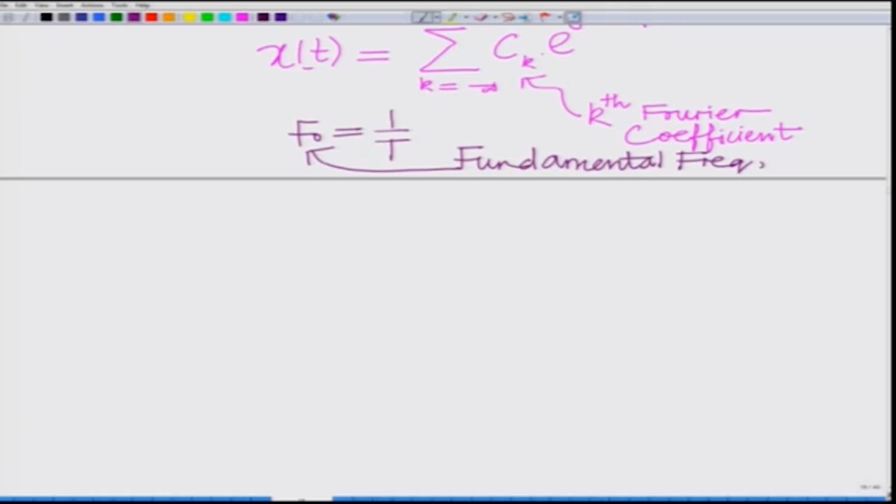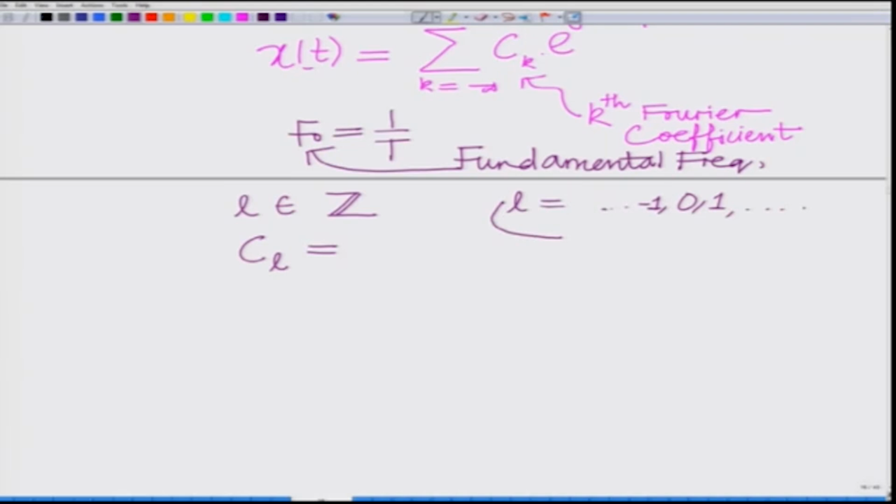This coefficient C_k, the kth Fourier coefficient, for any integer k, that is, k belongs to the set of integers, 0, 1, and so on, minus 1, and so on.